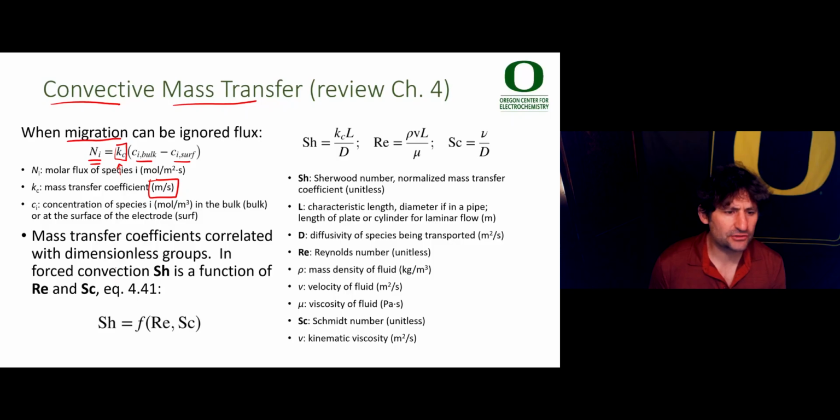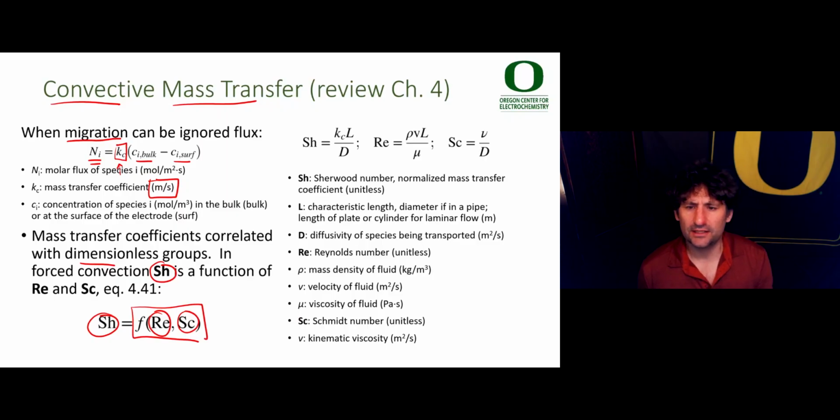So often these mass transfer coefficients are described in so-called dimensionless groups. There's the Sherwood number, there's the Schmidt number, there's the Reynolds number, and the Sherwood number can be written as a function of the Reynolds and Schmidt numbers. And these are all sort of engineering numbers that you may need at some point. Here's the Sherwood number.